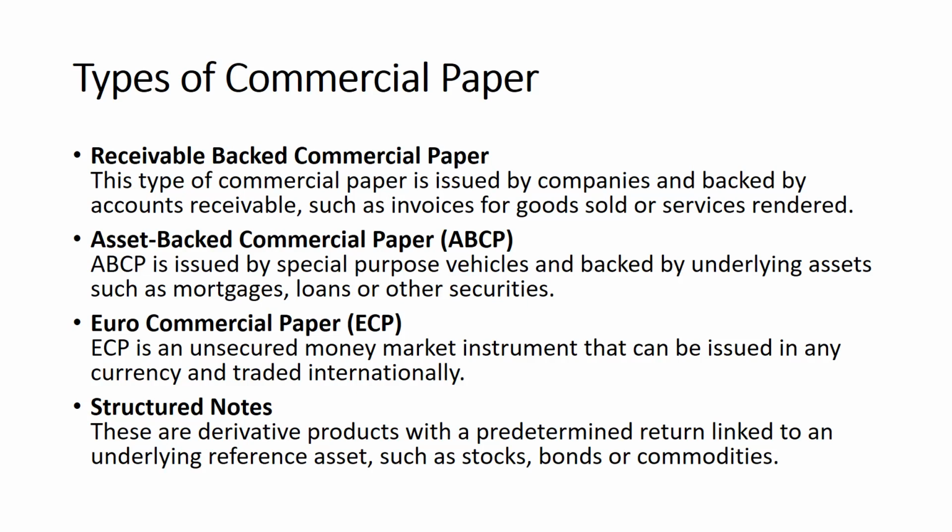So this can be issued by the company on the basis of the accounts receivable it is going to receive. The other one is asset-backed commercial paper. ABCP is issued by a special purpose vehicle and backed by underlying assets such as mortgages, loans, or other securities.